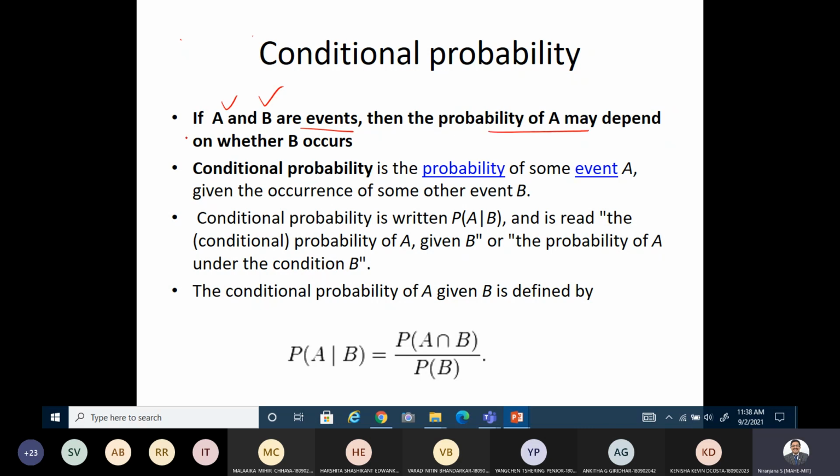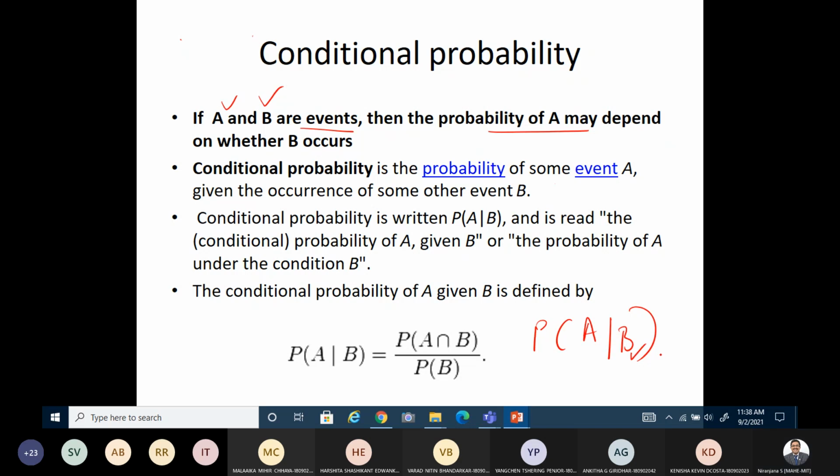When A and B are two events, the probability of A is referred to as the prior probability: the probability of occurrence of A, which you define as P of A. But when you define a conditional probability, it is the probability of some event A given the occurrence of some other event B, or knowing that B has occurred.